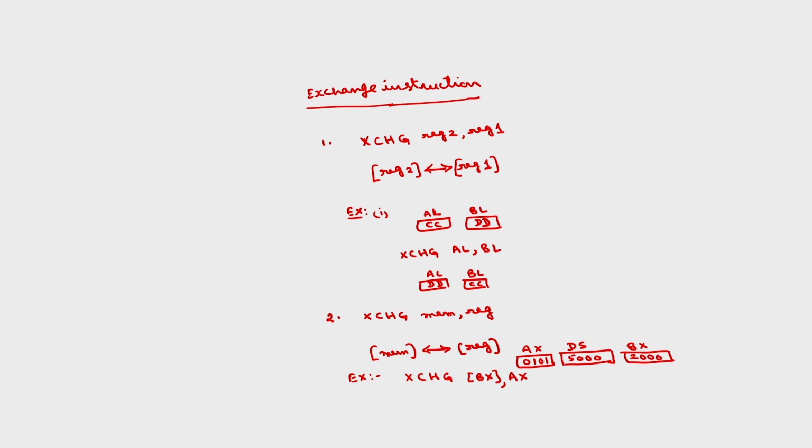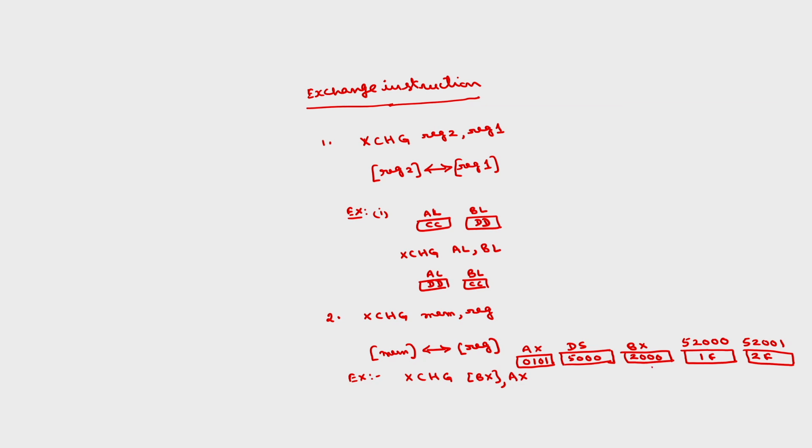then the physical address, as we have calculated in the earlier examples also, is 52000H. Here if we have 1F, and in the next location 52001H we have 2F, this instruction simply exchanges.